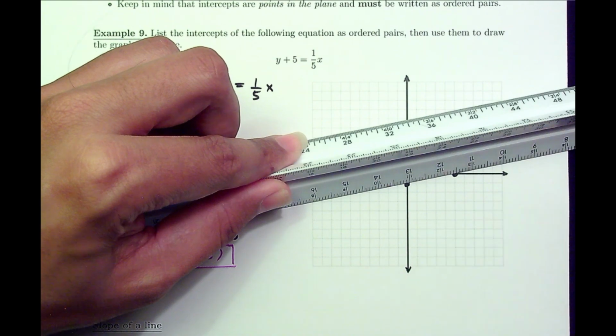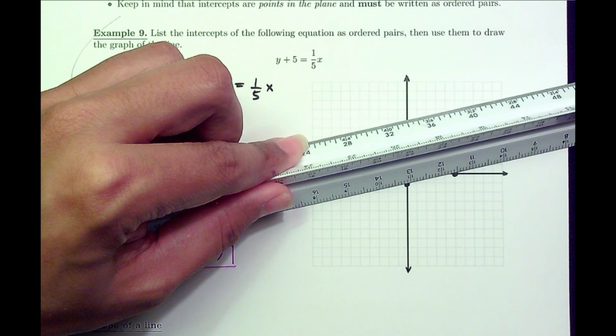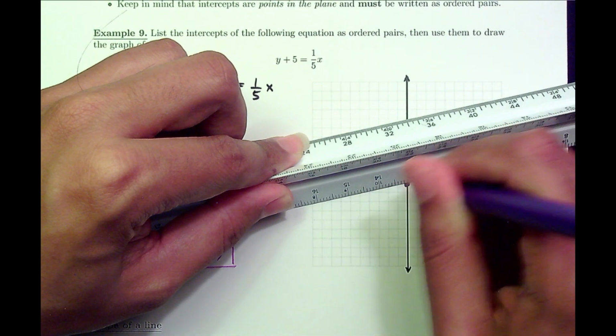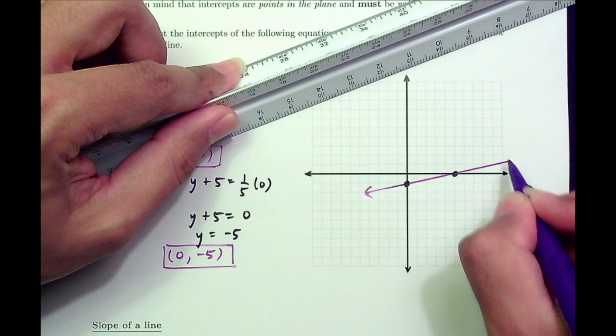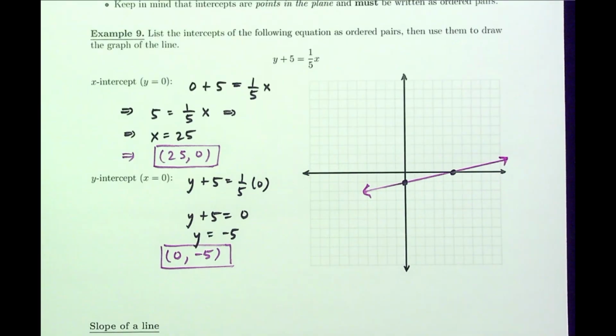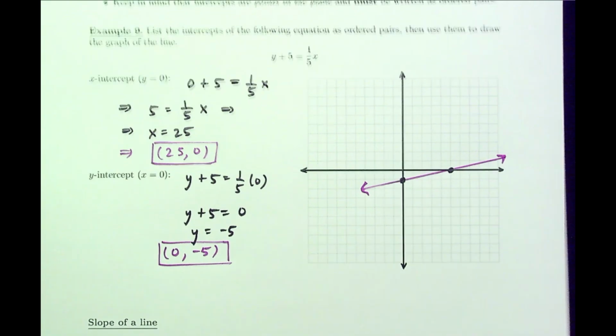Again, you could use any 2 points that you want, but really the intercepts are some of the most convenient ones, okay? Because all you have to do is plug in 0 to one variable, solve it, which is really easy, and then do the same for the other one. Plug the other variable equal to 0, find the missing variable.